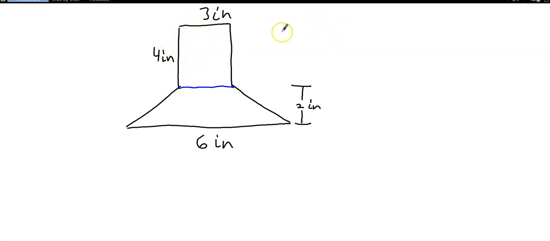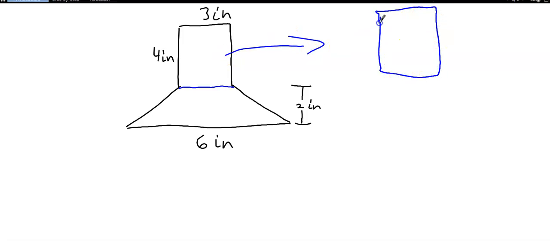So if I transferred this over here, it looks like this. The top was 3 and the side was 4. And remember, for area of any rectangle or parallelogram, we just multiply base times height. So 3 times 4 is 12. These were inches, so 12 square inches.